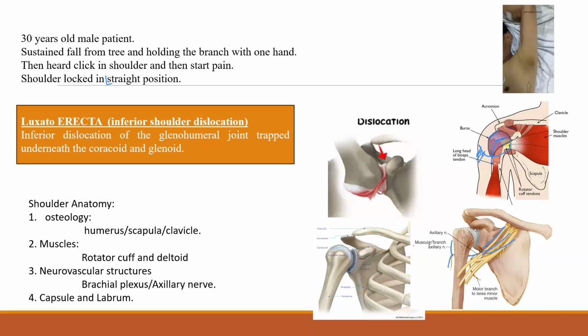The axillary nerve gives muscular supply to the deltoid and teres minor, and it gives sensory supply to the lateral aspect of the proximal humerus. You need to know all this when you are dealing with any type of shoulder dislocation. This is just a revision of the previous classes, so it's nothing new. We'll move on to the next slide now.